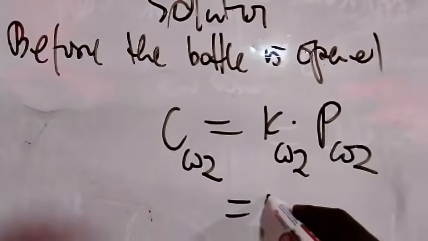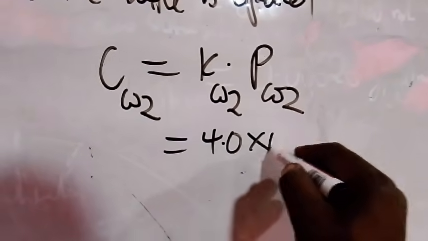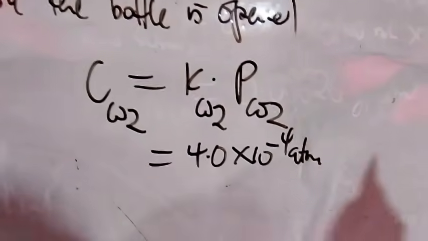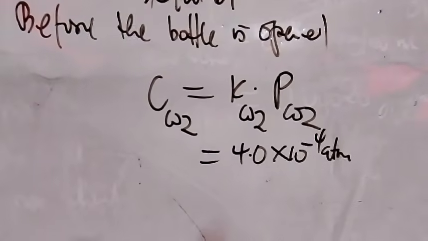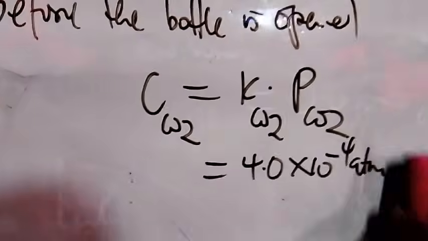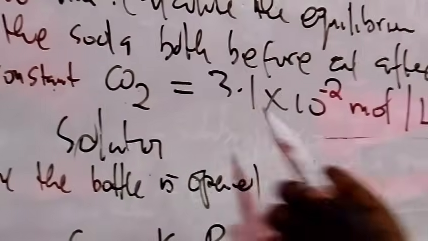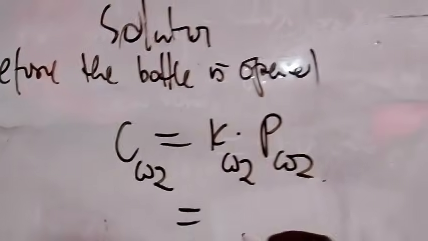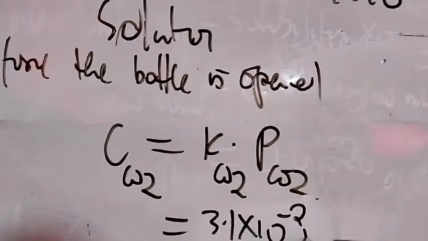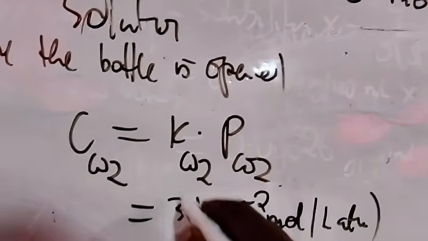So K is Henry's law constant, which is 3.1 times 10 to the power negative 2 mole per liter atmosphere.